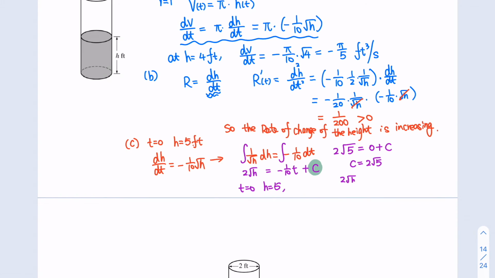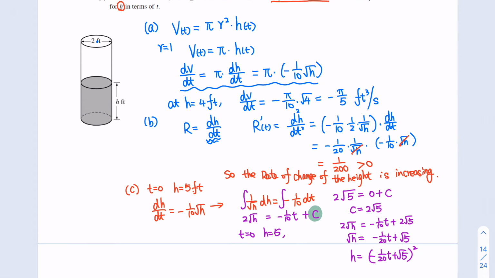Now we just need to solve for h. Square root of h equals negative 1 over 20 t plus radical 5. Then square both sides. This is our final answer.